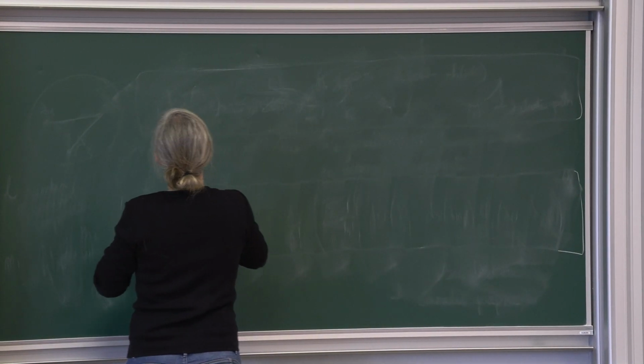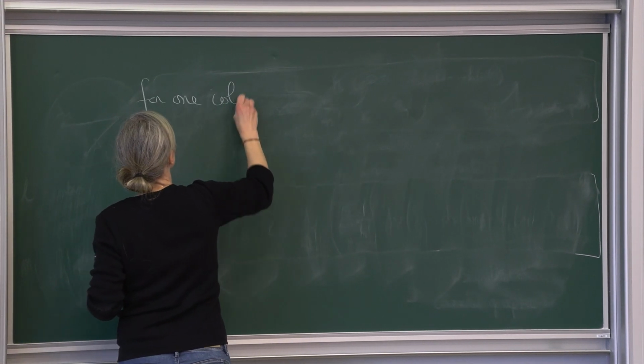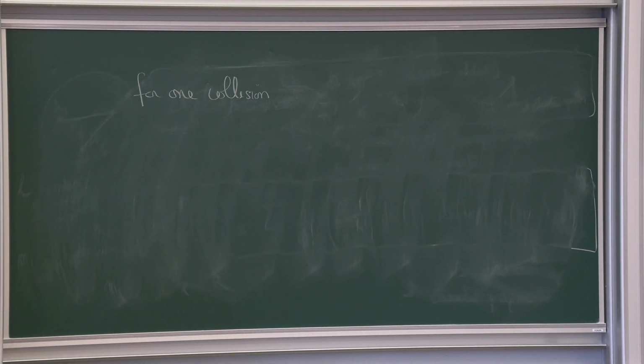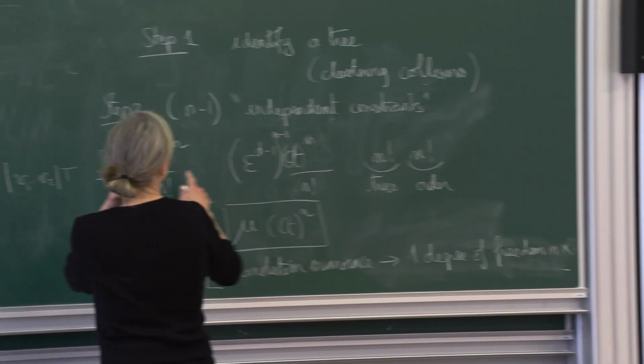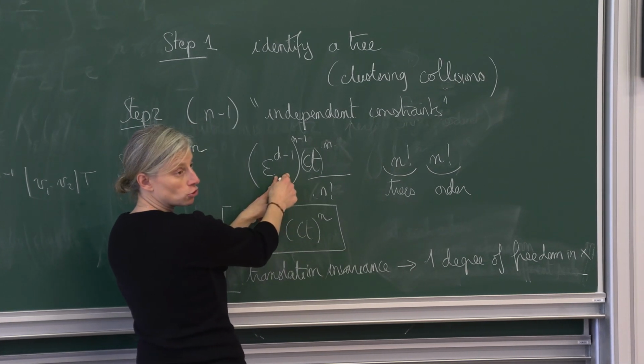So for one collision, you see the condition to be in a cylinder. What you would like to have is really this mu times epsilon to the d minus 1.